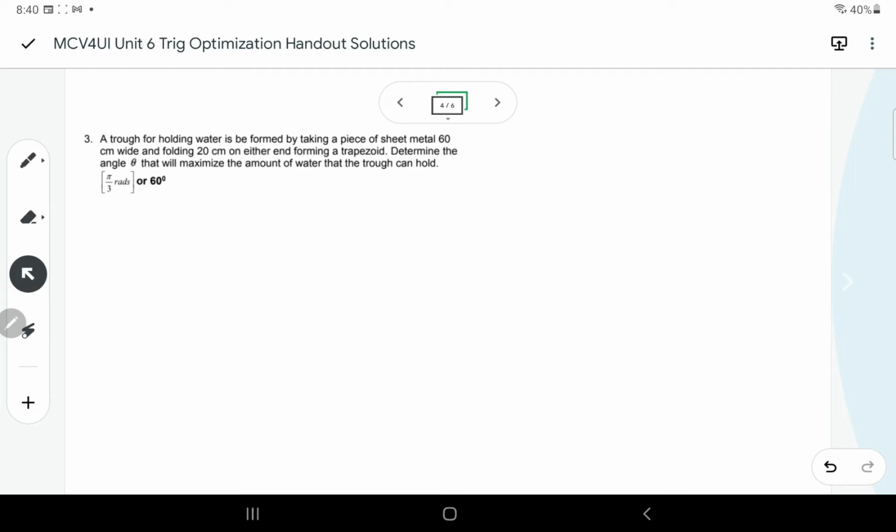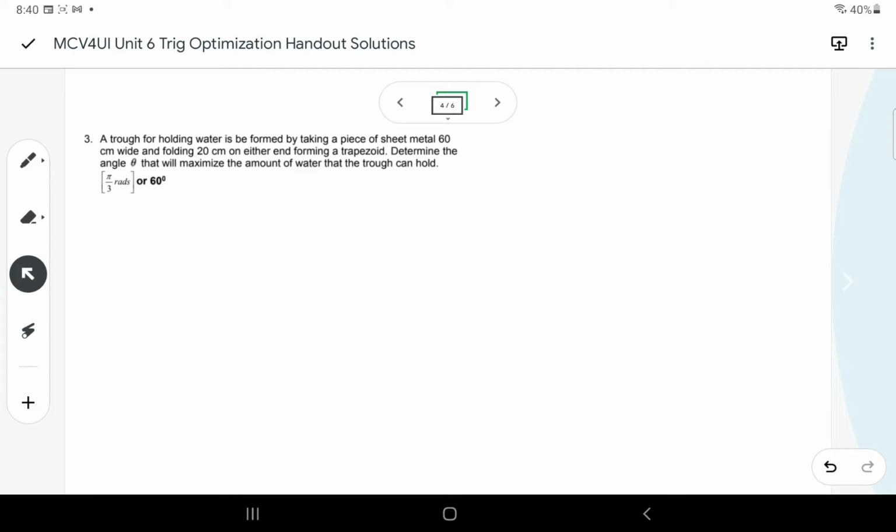Here we go. This one is looking at kind of a 3D picture. So we are going to take a piece of sheet metal 60 centimeters wide, and this is sort of similar to one that was done in another example, but there we were trying to figure out how much to fold up on each side.